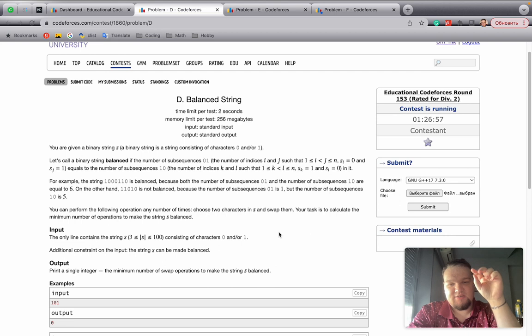Otherwise, if it was 0, 1 and I swap them, all the subsequences of length 2 will stay the same, except the subsequence that was right here, these two elements, and we changed 0, 1 to 1, 0. So the balance changes by 2.